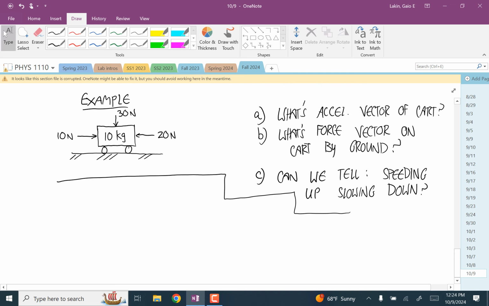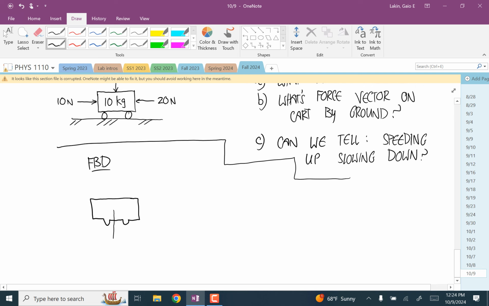Okay, so the first step is always to draw a free body diagram. There's a weight force down of 10 times 9.81, so that's 98.1 newtons.